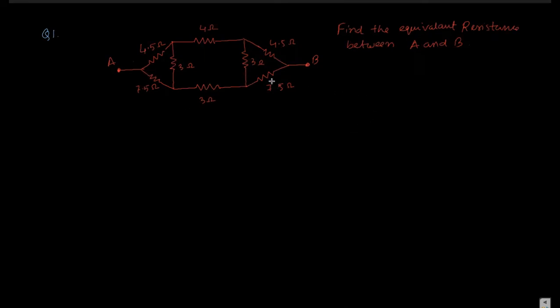The circuit becomes, the delta is converted into star, so it becomes like this. It becomes like this. Did you get my point?